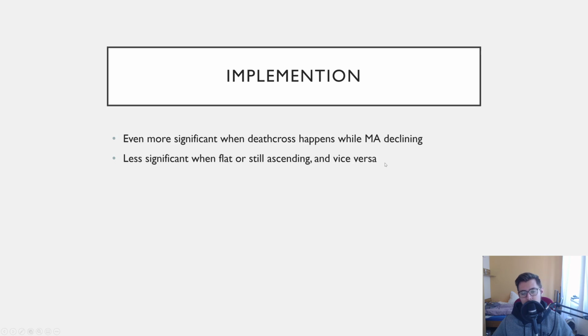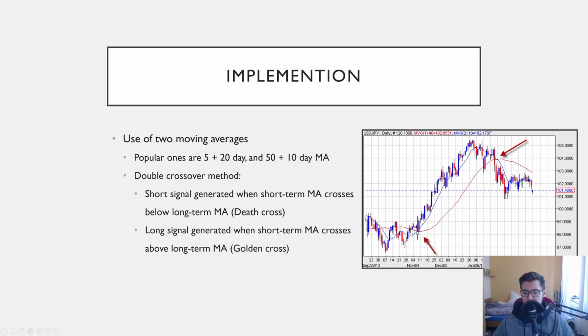What is also important to look out for is that there's even more significance to the signal when the death cross actually happens when moving averages are declining, and less significance when flat or still ascending. And of course, this is also vice versa. So what this means is that it's even more significant if the moving averages, when they cross, for example in this death cross, are both already descending.